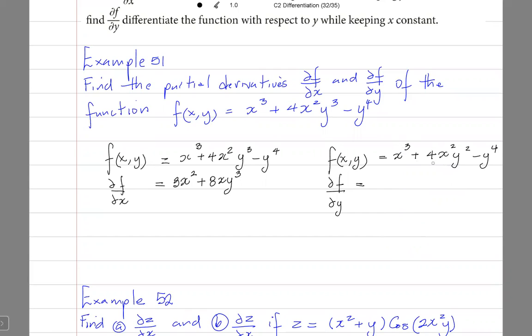If I differentiate 4x squared y squared partially with respect to y, 2 times 4 is 8, x squared y. Minus, if I differentiate y to the 4th power partially with respect to y, I'm going to get 4y cubed. All right, thank you guys for the correction. Thank you for ensuring that you're paying attention.